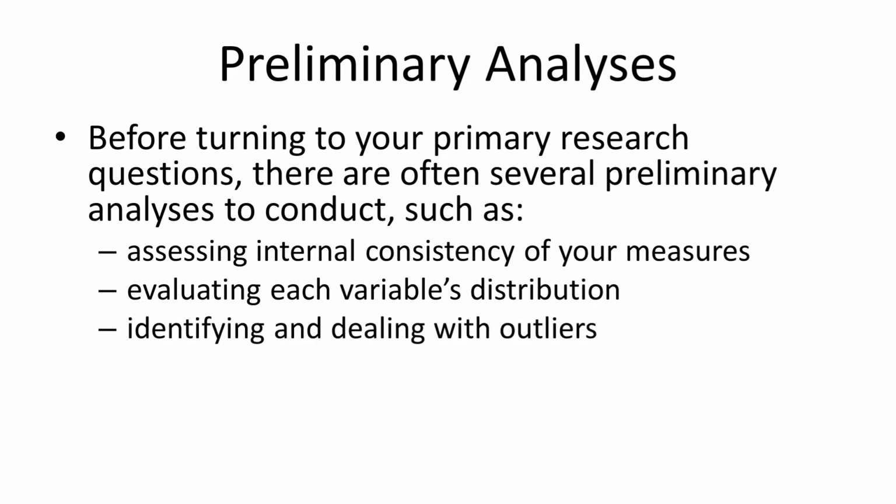There's a lot of different things that you should probably just take a quick look at. I mean, it's not hard to just try to find things like outliers and potentially remove those before you do the primary analysis, before you try to answer your research questions. So these are just good quality control measures.